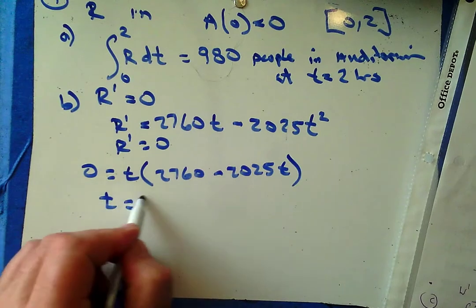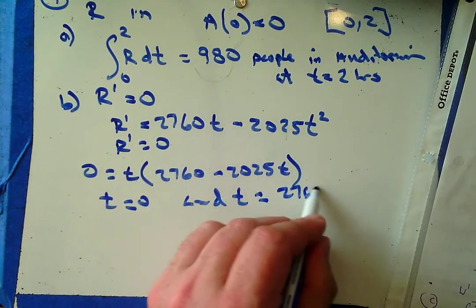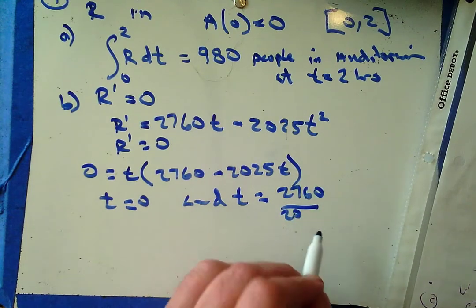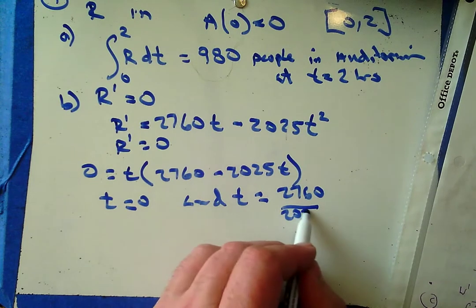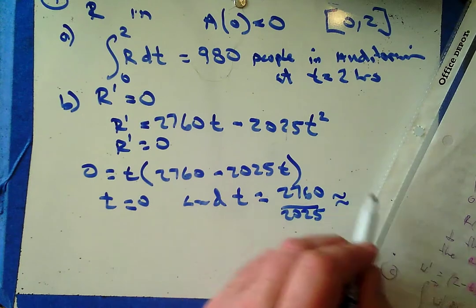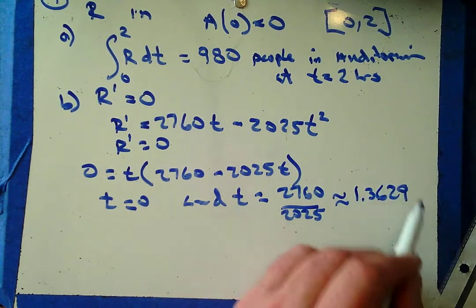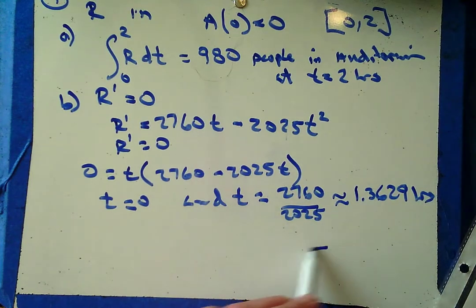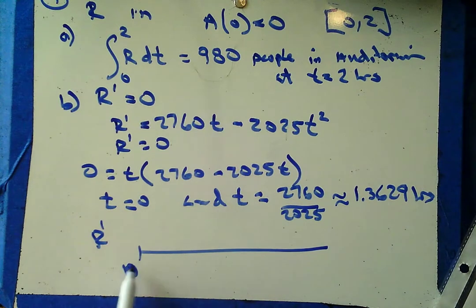And so I get t equals 0 and t equals 2760 divided by 2025, which turns out to be approximately 1.3629 hours.